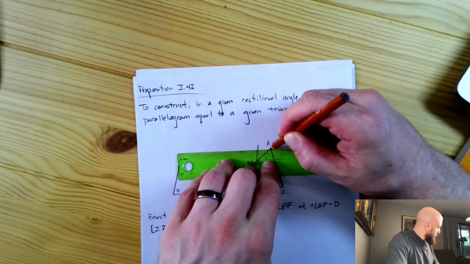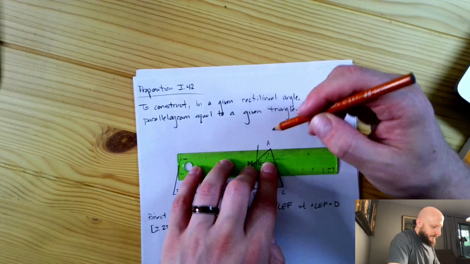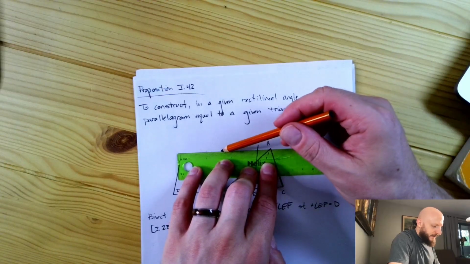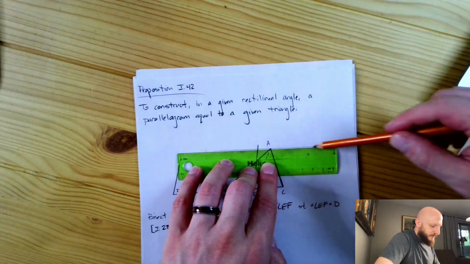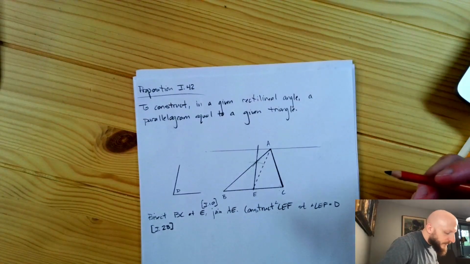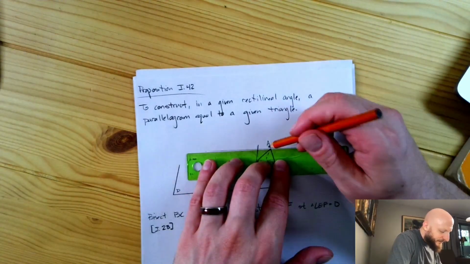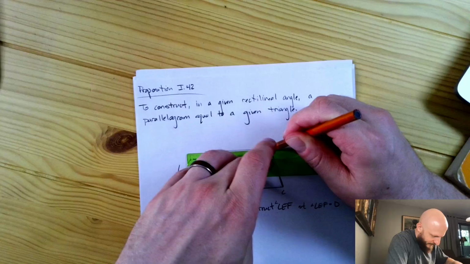I'll make just a faint line for now because I don't know exactly where these are going to meet. So we'll just make the faint line there. And yeah, that's close-ish. Having some trouble today, apparently.